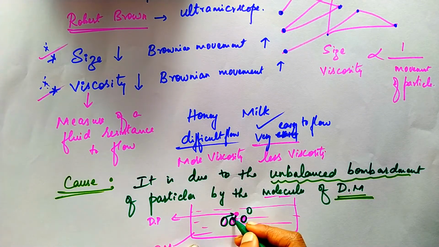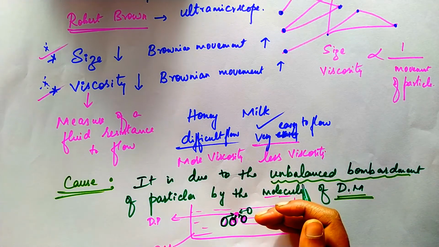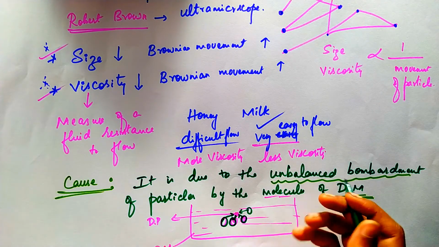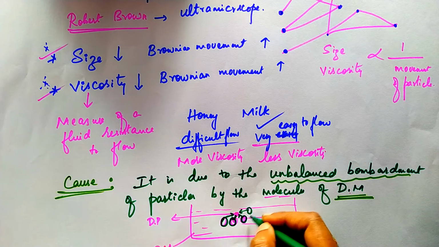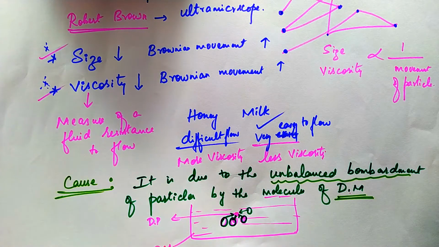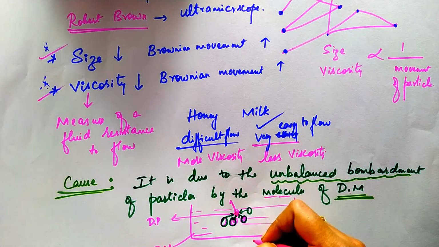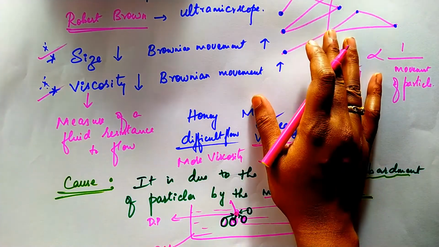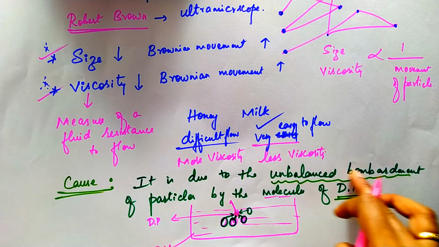Bombardment means striking or hitting the colloidal particle in an unbalanced way. Now these four molecules hit this colloidal particle upward, so the colloidal particle moves in the upward direction. This is how the zigzag motion takes place, due to unbalanced bombardment of a particle by dispersed medium molecules.